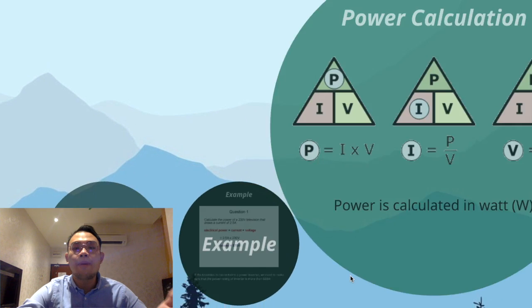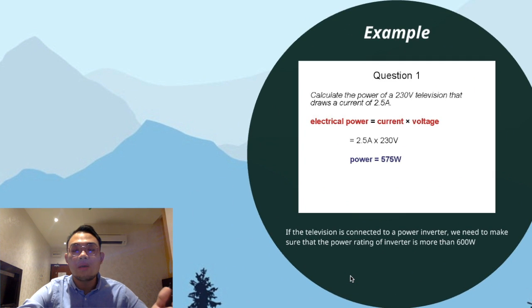In this example, it asks you to calculate the power of a 230 volt television that draws a current of 2.5 amperes. You can highlight the keywords here: 230 volt, and the current is 2.5 amperes.